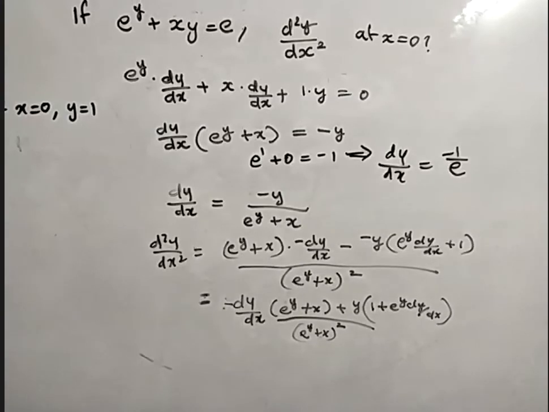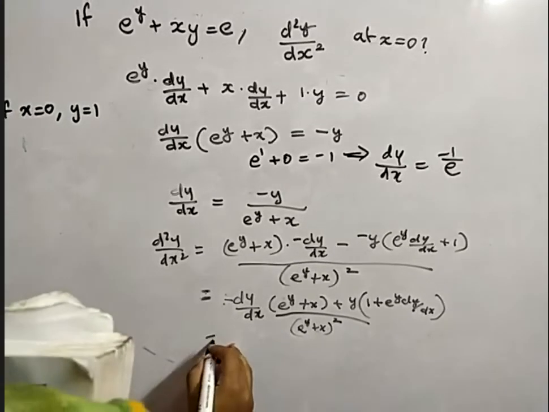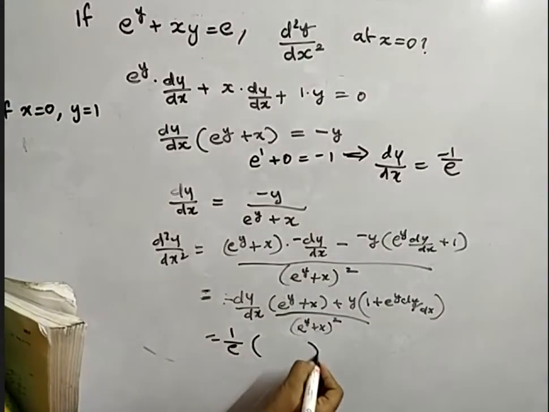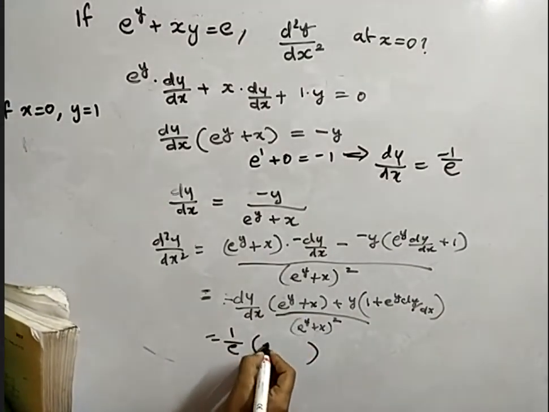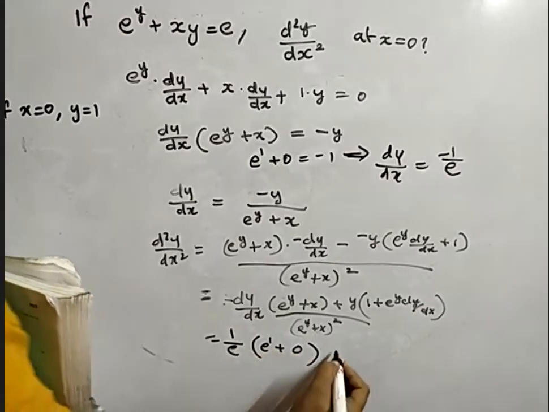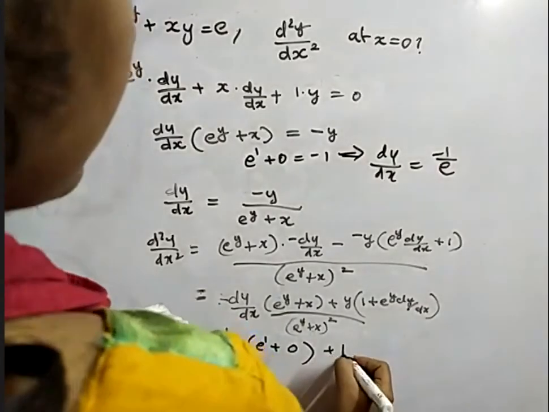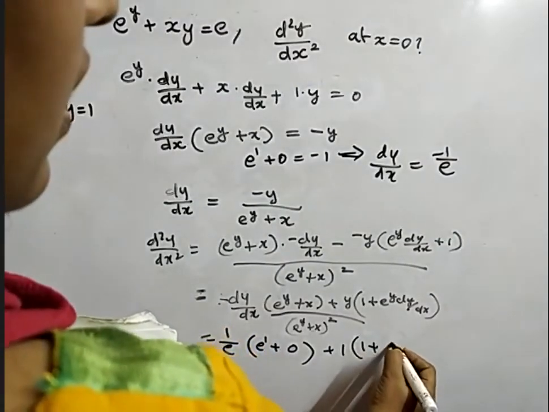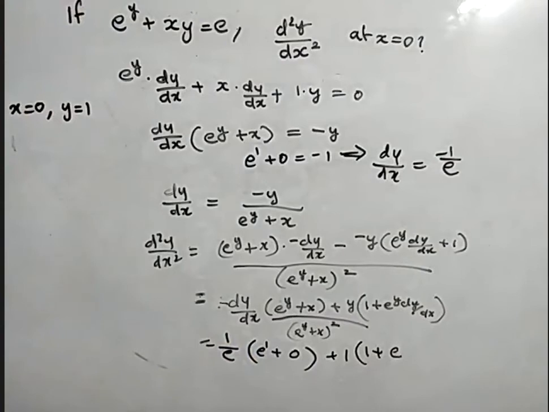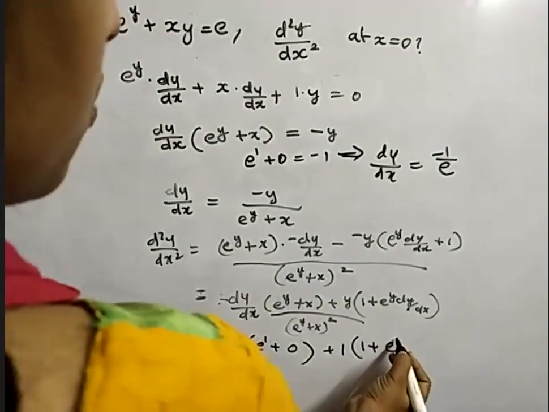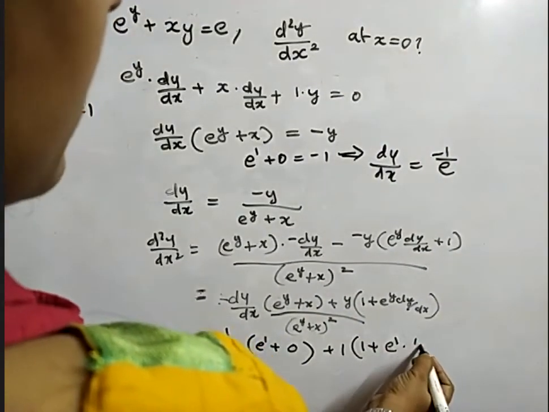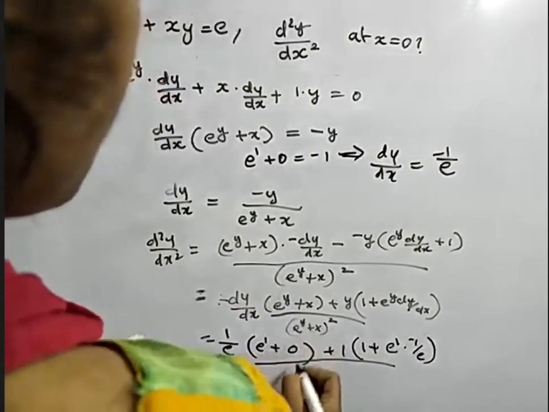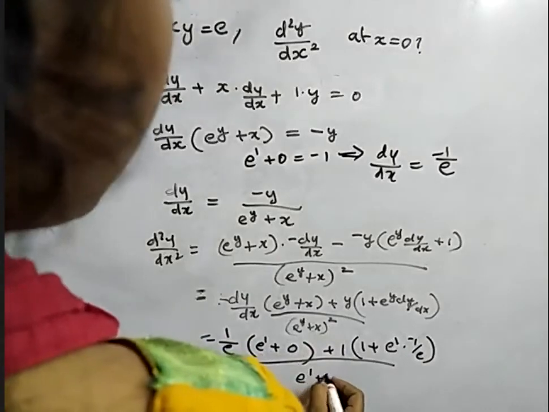So substitute here. That is minus 1 by e into e raised to y is 1, that is e raised to 1 plus 0, plus y is 1, 1 plus e raised to y. E raised to y means e raised to 1, dy by dx is minus 1 by e, divided by e raised to 1 plus 0 the whole square.